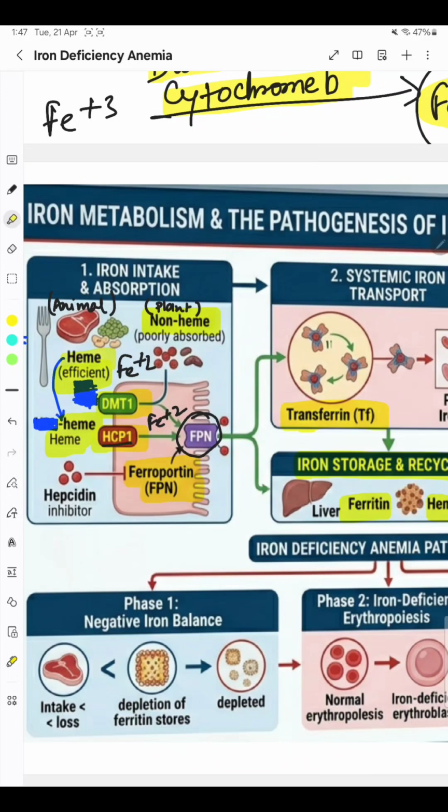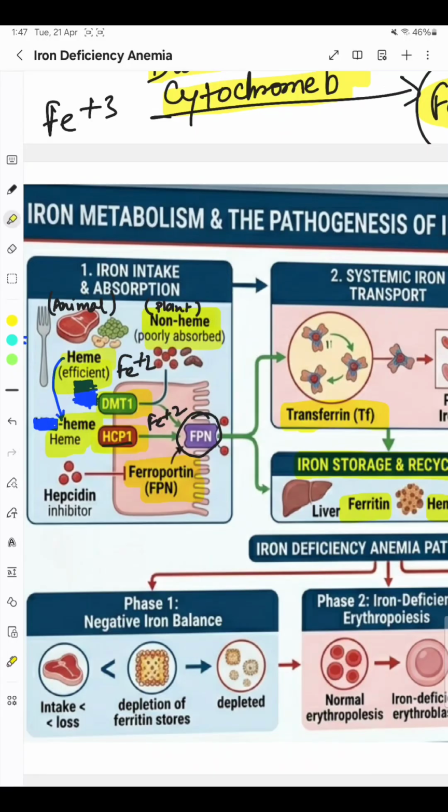Heme iron is very efficiently absorbed with the help of HCP1, or heme carrier protein 1, in the enterocyte of the duodenum. Non-heme iron is poorly absorbed, with the help of DMT1, divalent metal transporter 1, in the duodenal enterocyte.